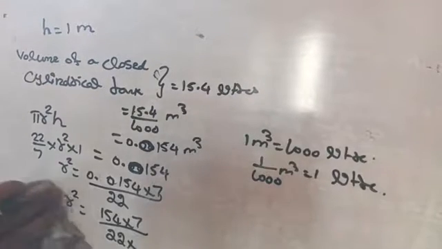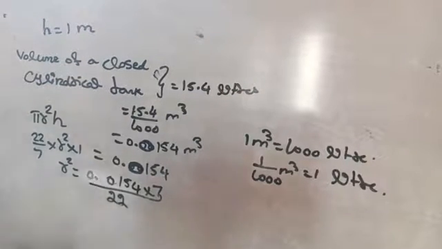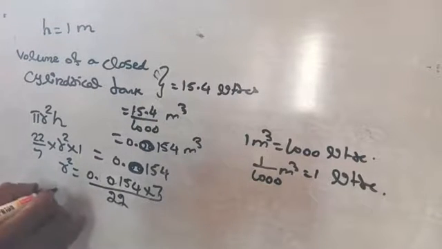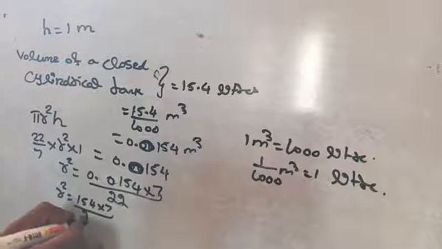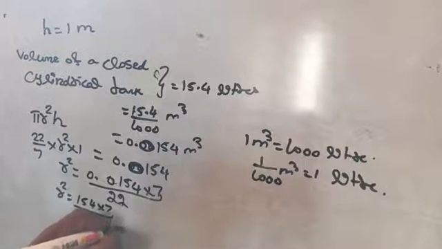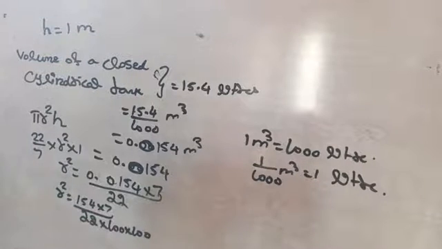So what will you get now? R square is equal to 154 into 7 by 22 into 10,000. So 10,000 can be written as 100 into 100.